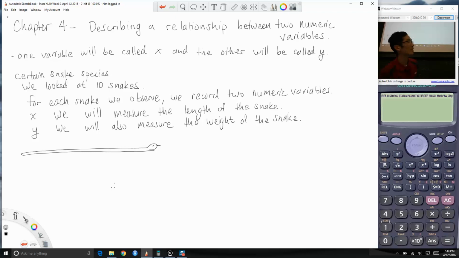If we looked at two snakes, and one is longer than the other, and you had to predict which one would weigh more, which one would you say weighs more? The longer one, right?